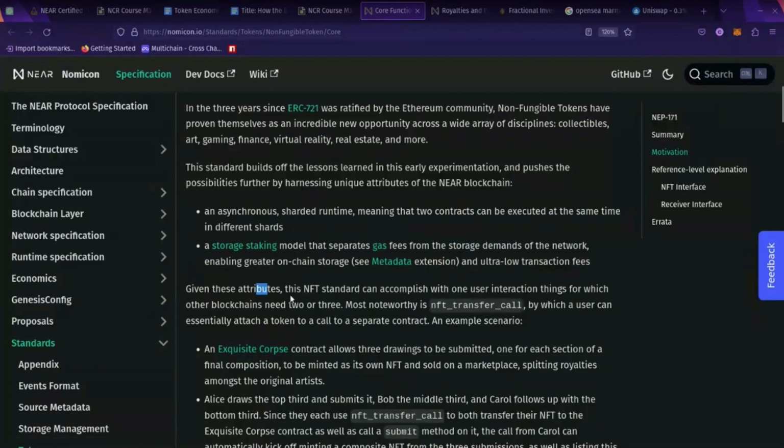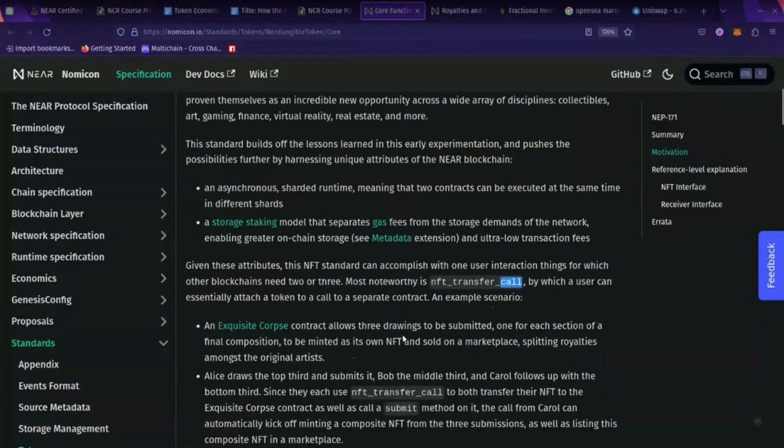So given these differences or attributes, the NFT standard can accomplish with one user interaction things for which other blockchains need 2 or 3. One of the coolest ones, I think, is the NFT transfer call, where instead of just transferring like we saw in the Ethereum specification, you could add arbitrary data, and basically this call action can do a bunch of other things.